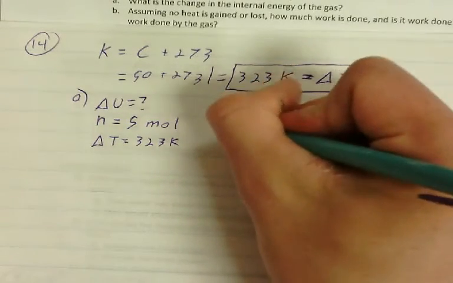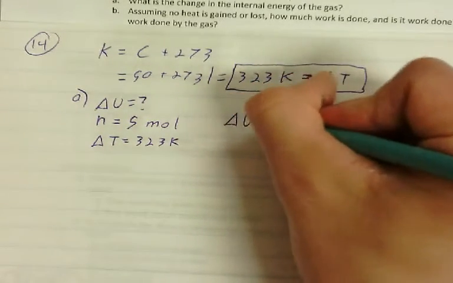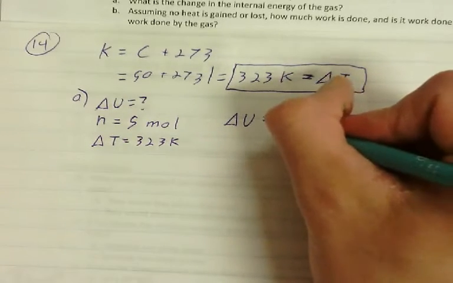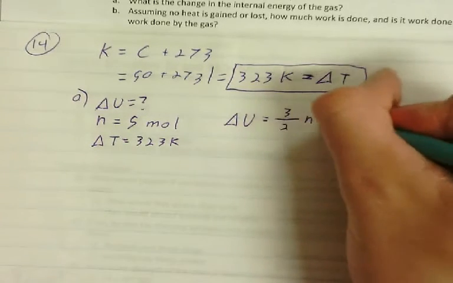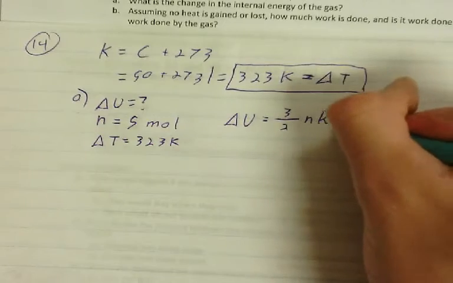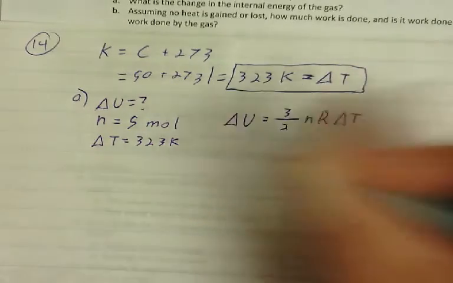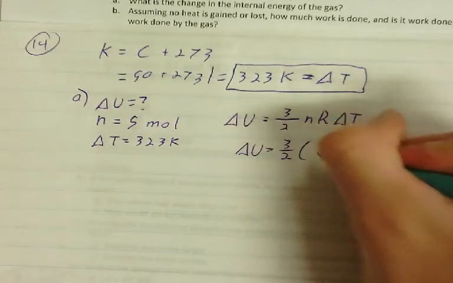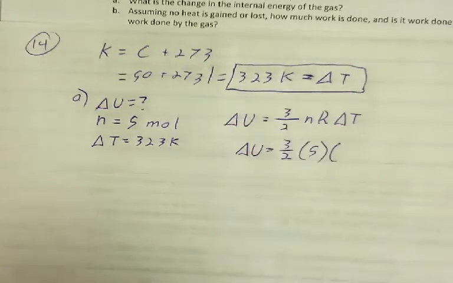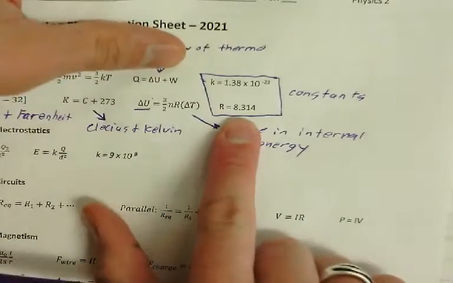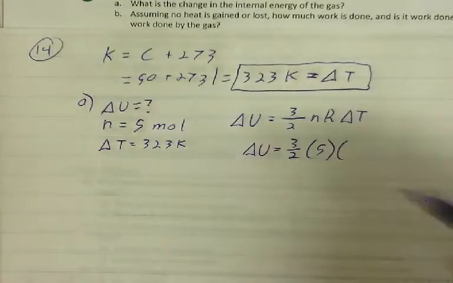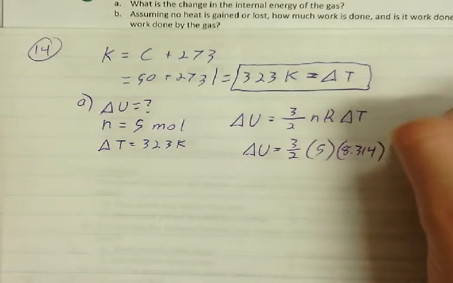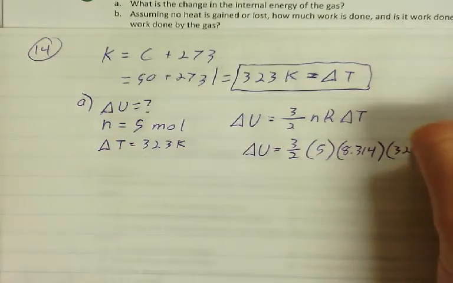So the change in internal energy, delta U, equals 3/2 times N, which is 5 moles, times R, which is given, 8.314, times the temperature change, which was 323.